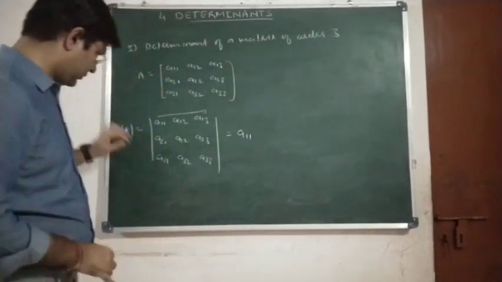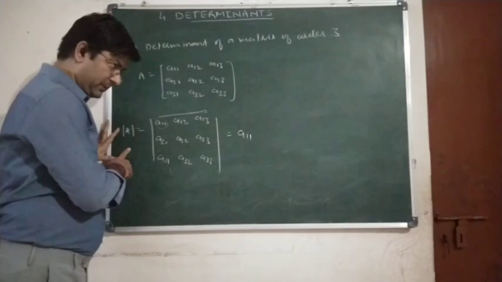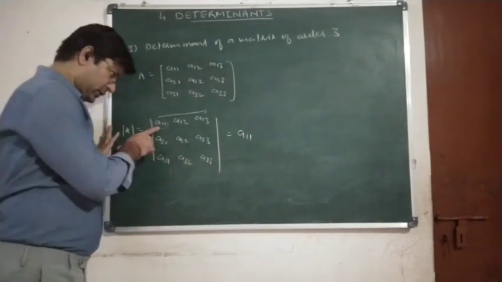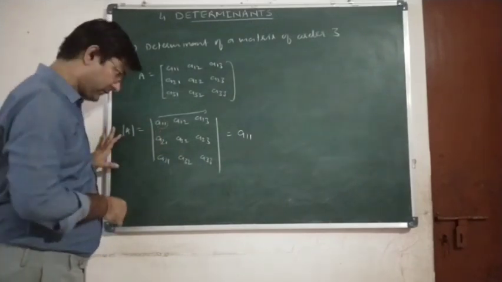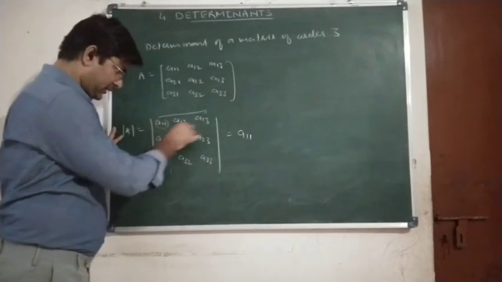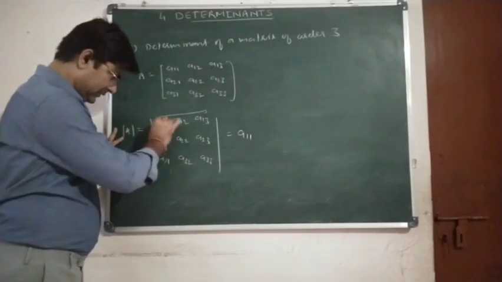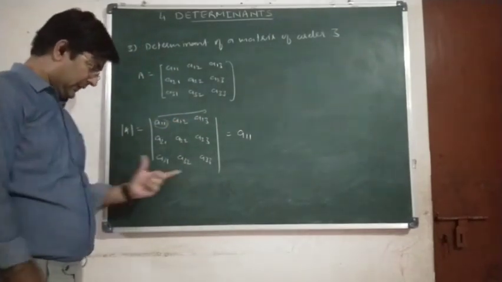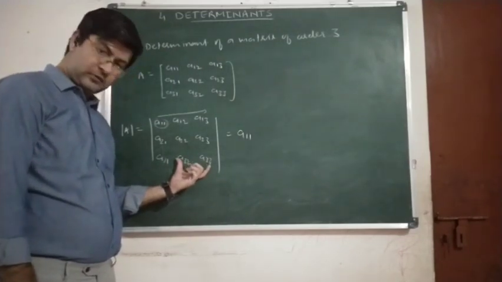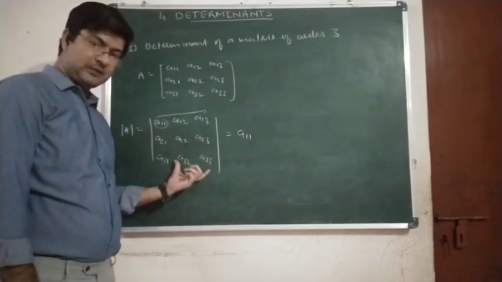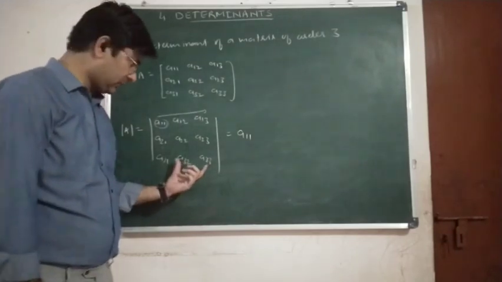A11, okay, now when we are taking A11, the determinant is obtained by taking the sum of the product of the element of any one row or column with its corresponding cofactor. So we have taken the first element of the first row, so its cofactor will be obtained by deleting the first row and the first column and taking the square submatrix of order 2. Okay, that will give us the minor, and we will multiply this minor. Clear?